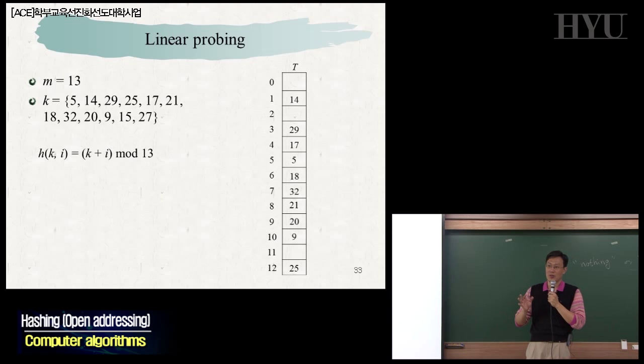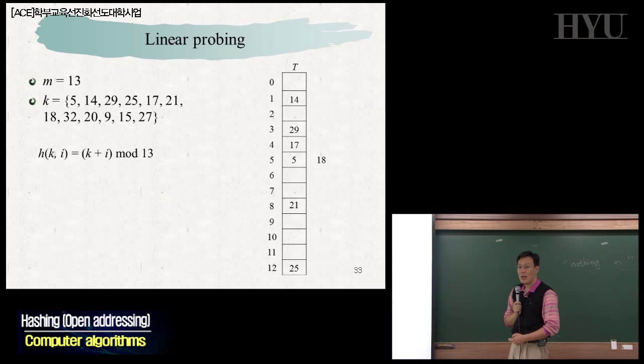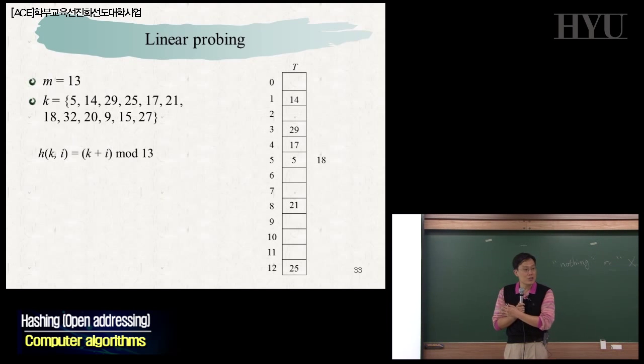So look at the collisions. Look at this. So, how many collisions are there? If we create this using chaining, how many collisions are there?